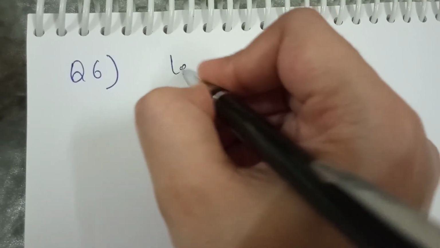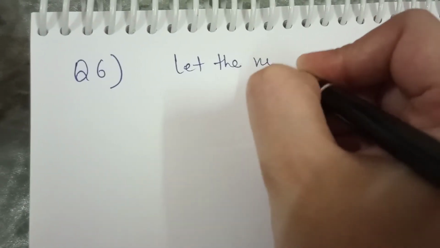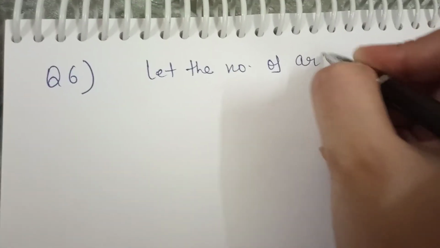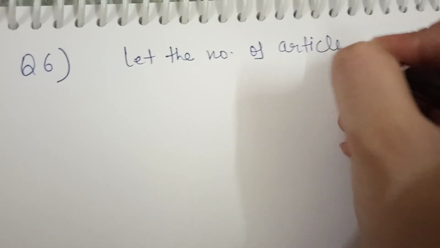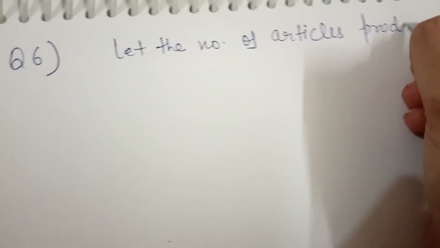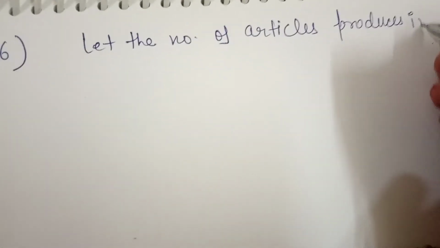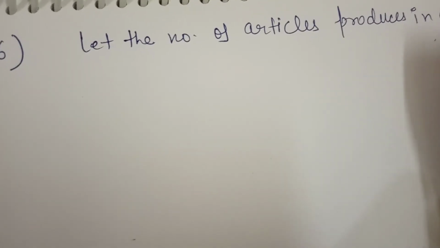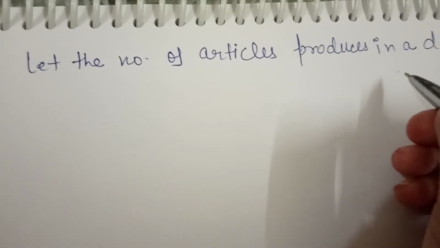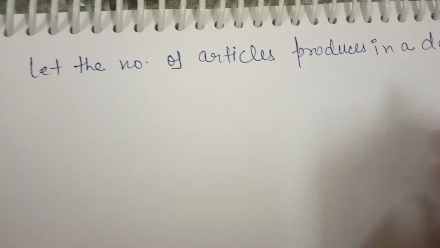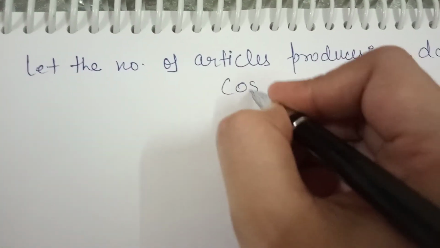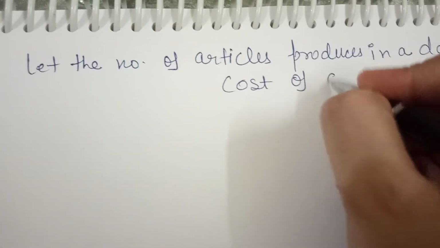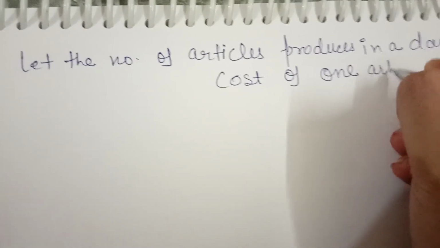So you write let the number of articles produced in a day x, and they are saying that the cost of production of one article was 3 more than twice the number.